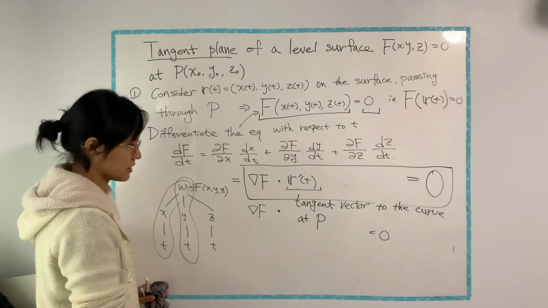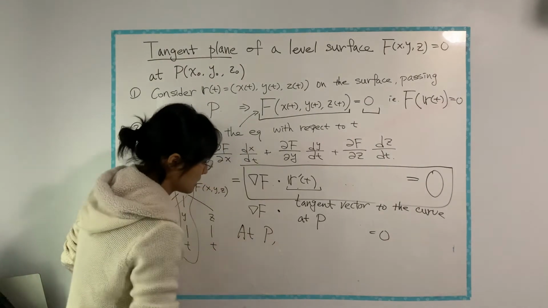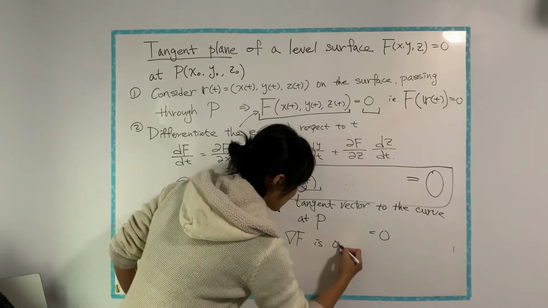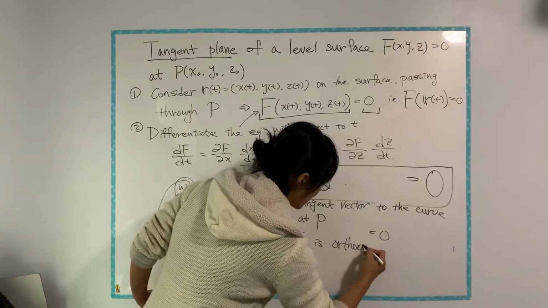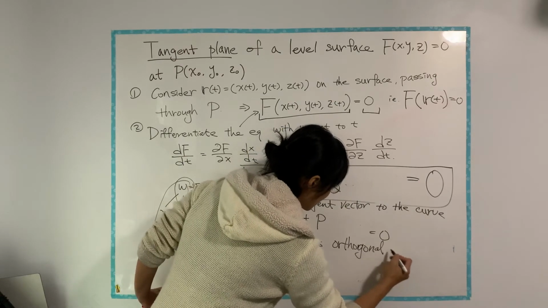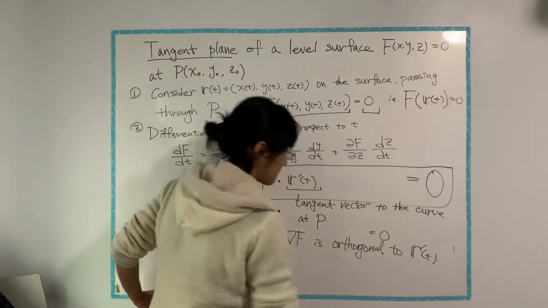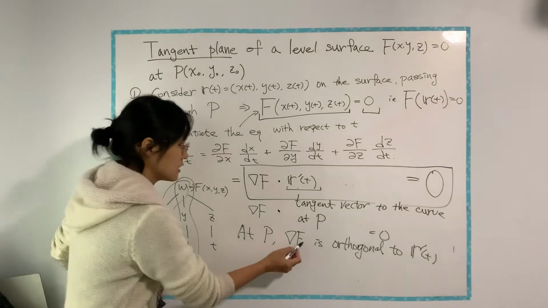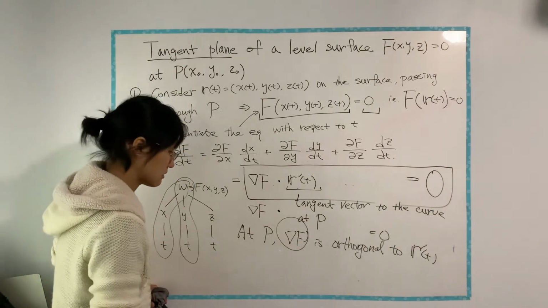What does that mean? That means at P, gradient f is perpendicular, or orthogonal, to the tangent vector r prime. So gradient f will give you the normal vector.